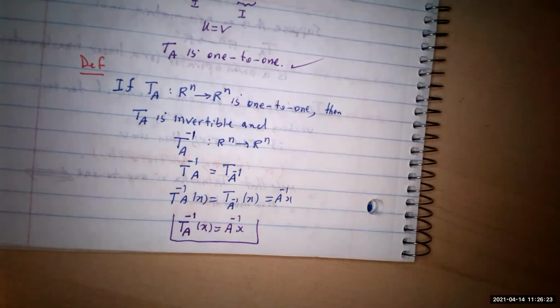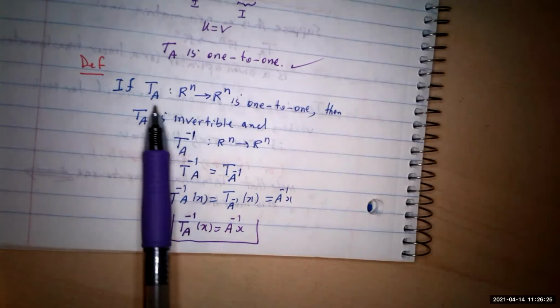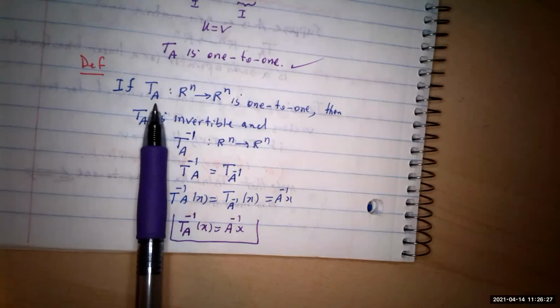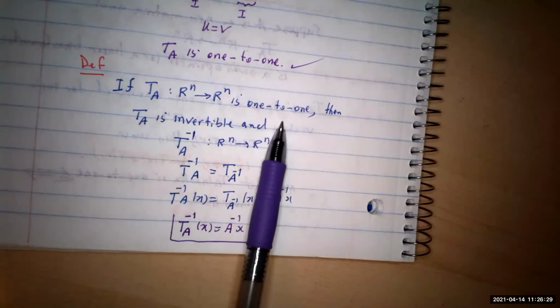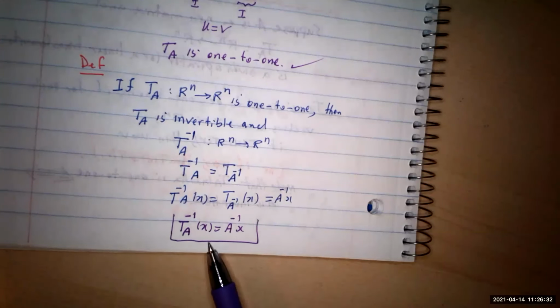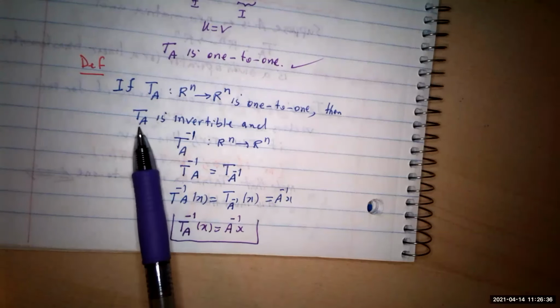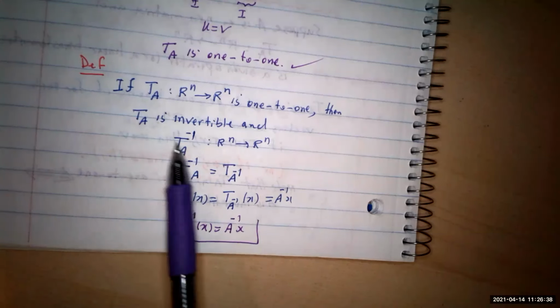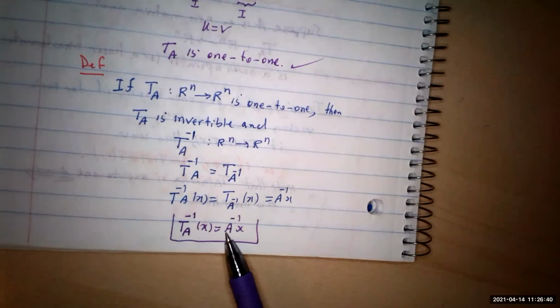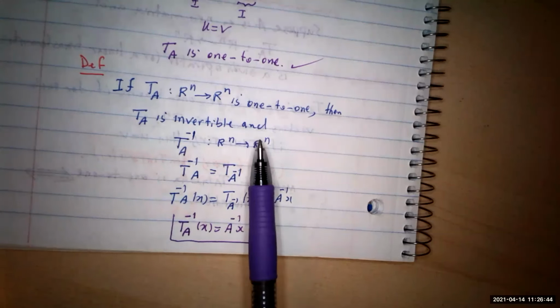So your job: a linear transformation would be given. They ask you to prove it's invertible and find the inverse. What you are going to do is find the corresponding matrix A, then find the inverse of A. As soon as you find it, this is the formula for the inverse of the operator.